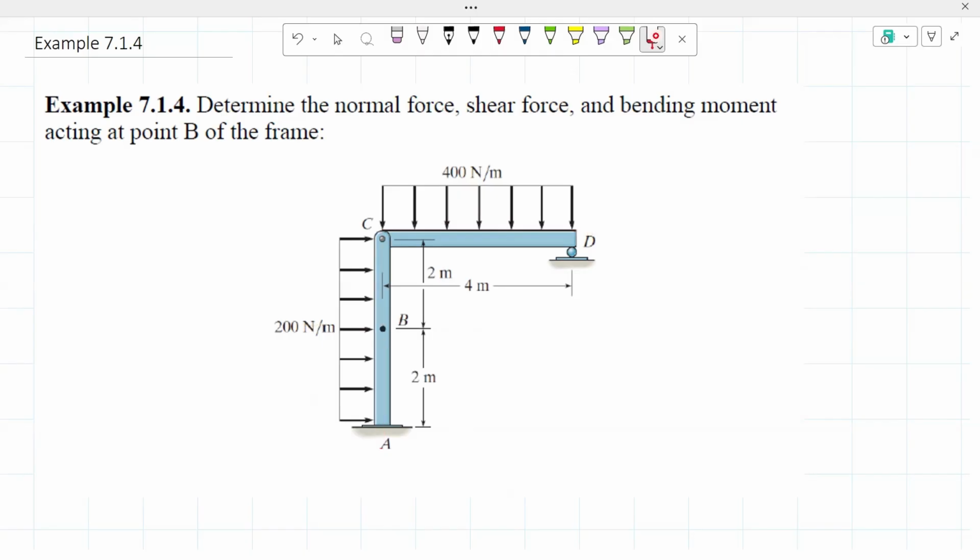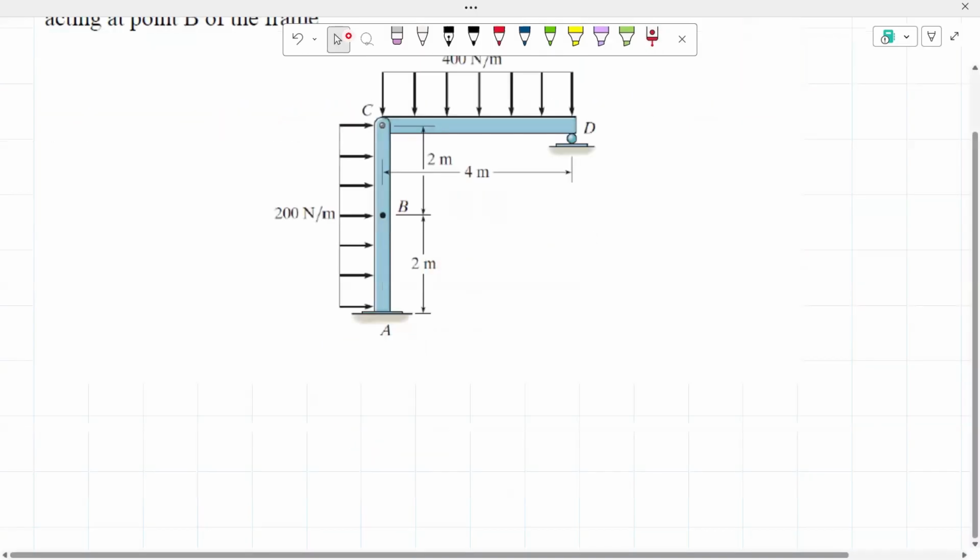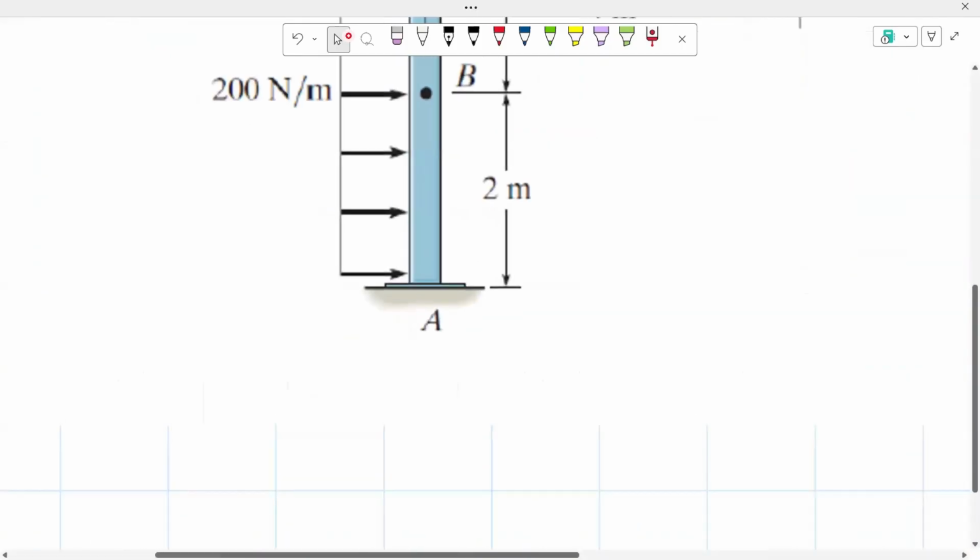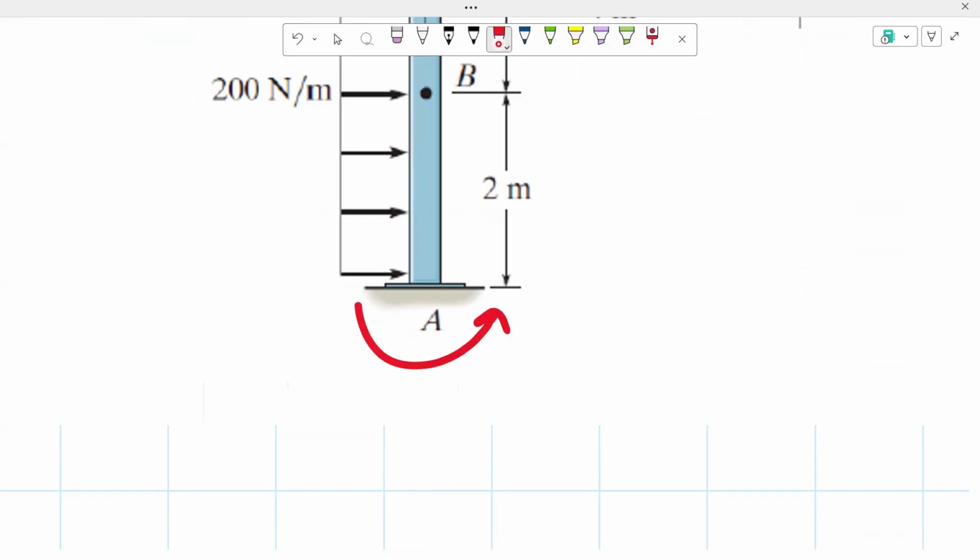Taking a look at this part of the frame, at point A we have a fixed support, meaning that we're going to have three unknown reactions: our moment, our vertical reaction, and our horizontal reaction.